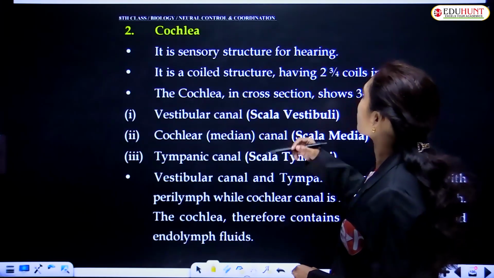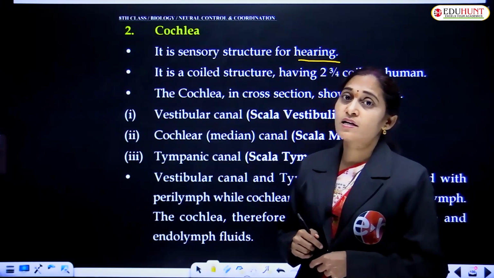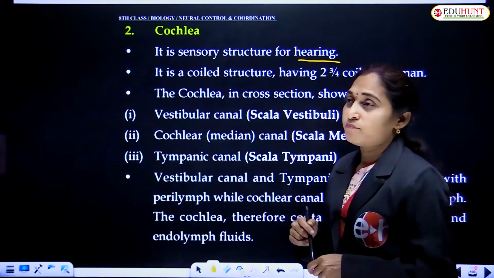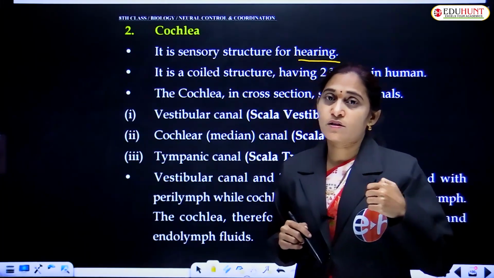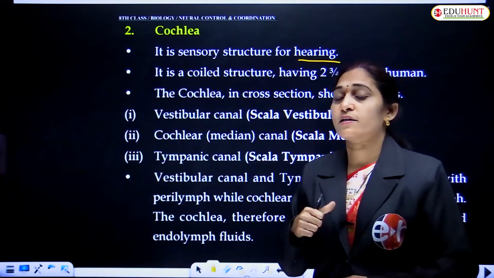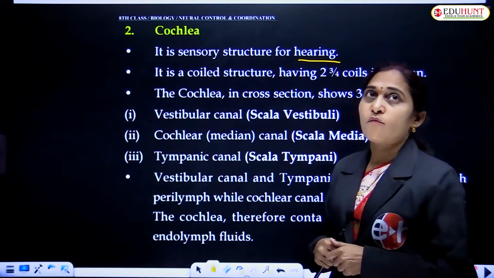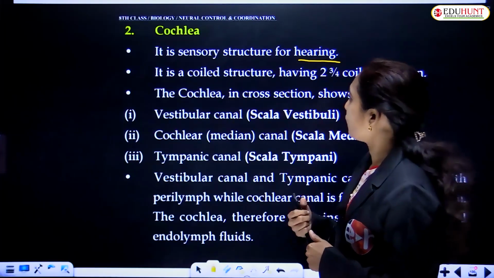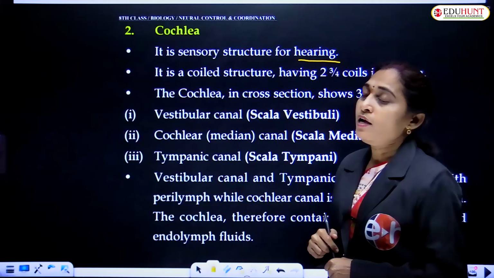It is the sensory structure for hearing. The vestibular structure is for balancing. So of the 2 internal ear structures, one is the vestibular apparatus and the second is the cochlea. One is meant for balancing of the body and the second is for hearing. Mainly the cochlea is meant for hearing.